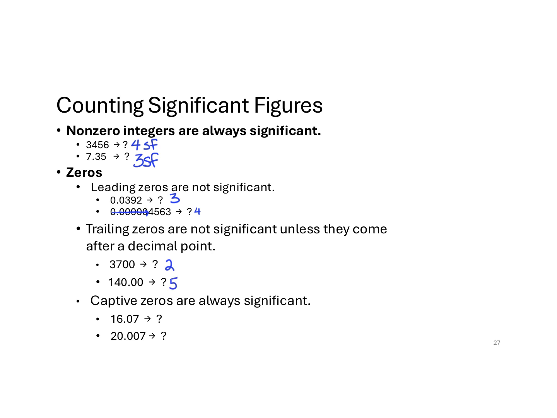Captive zeros come between 2 non-zero numbers. They are also always significant, so there are 4 significant figures here, and there are 5 significant figures here.